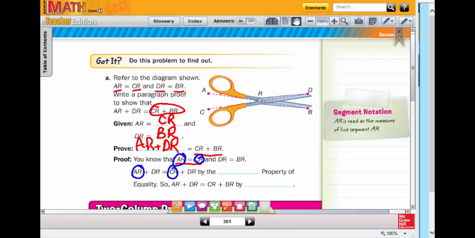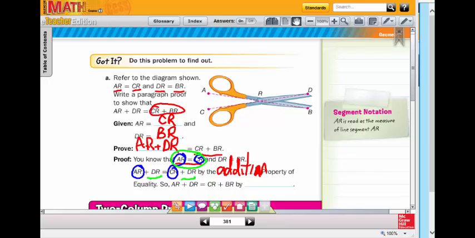In order to move to this next statement, basically they're asking you what happened here. We took this one original statement, AR equals CR, and we changed it to AR plus DR equals CR plus DR. In other words, we added DR to both sides. So this would be the addition property of equality.